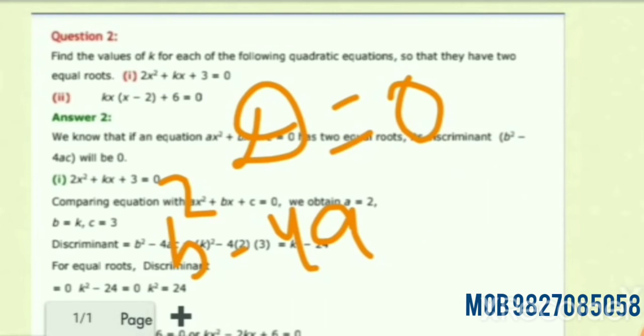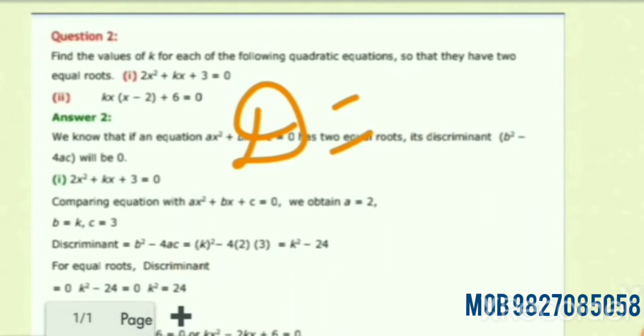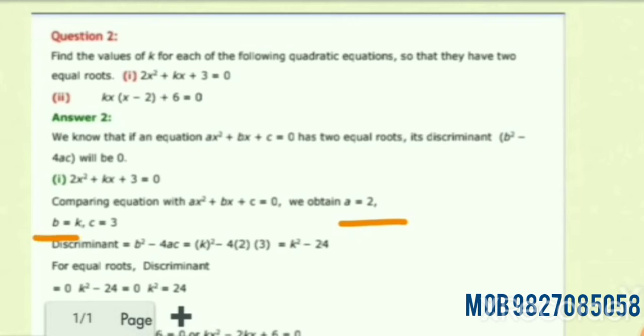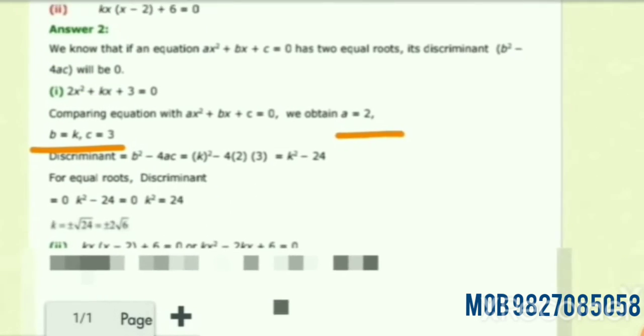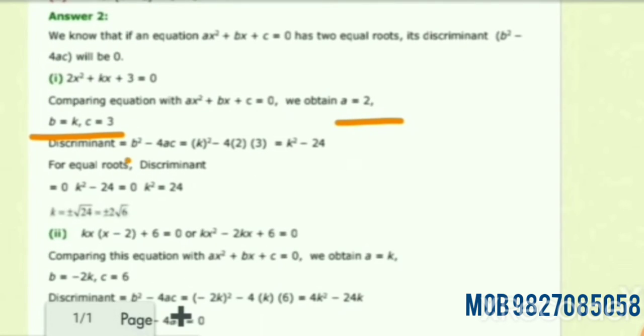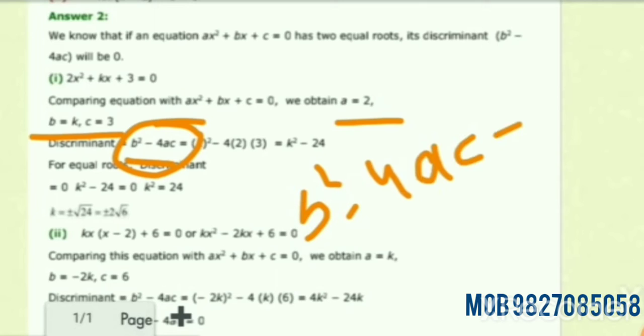Okay. Now firstly we have to find the values of a, b, c. So a is equal to 2, b is equal to k, and c is equal to 3. Here the value of D is equal to 0. So put the values in this equation, taking b square minus 4ac is equal to 0.